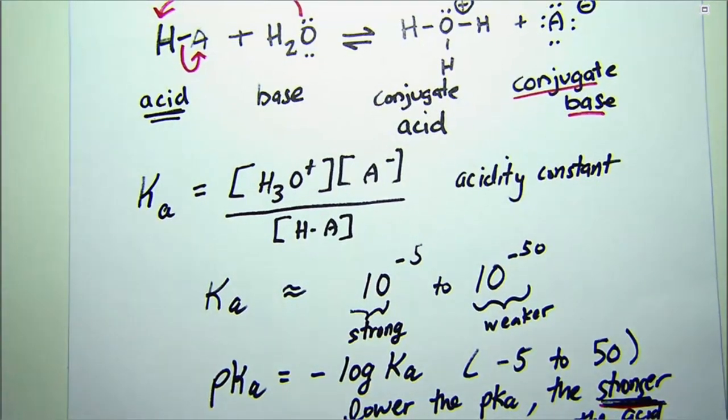Okay, with that in mind, let's take a look at some examples of acids. Last time we defined Lewis acid, Lewis base, Bronsted acid, and Bronsted base. I want to give you an example of a few acids, and this is from our textbook, figure 2.1.